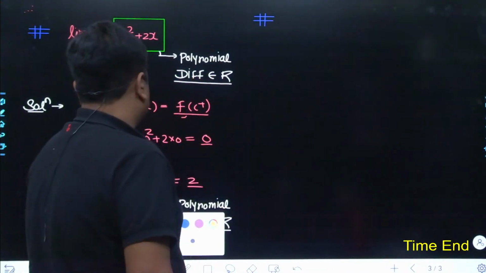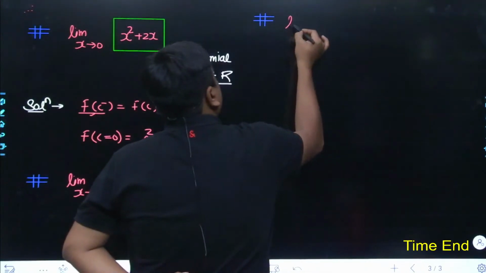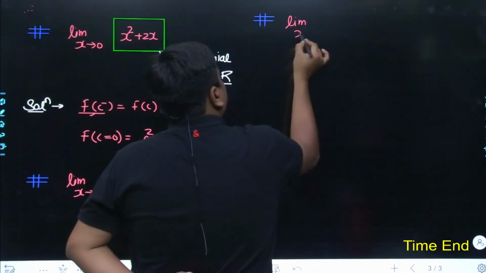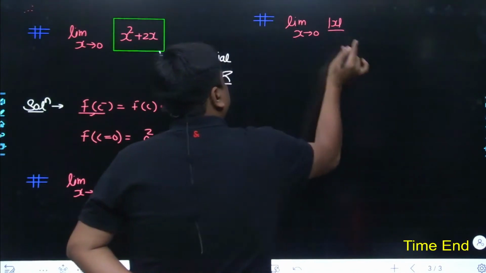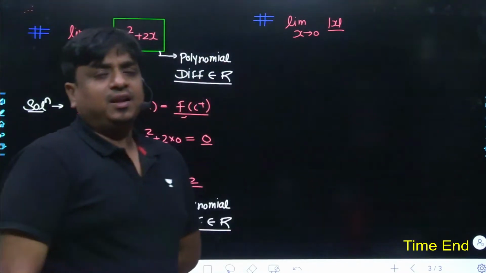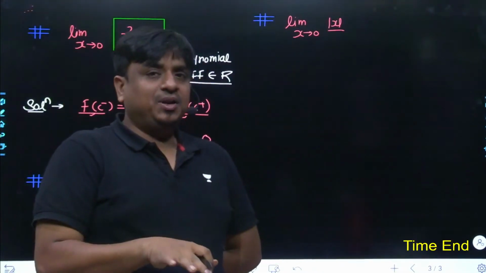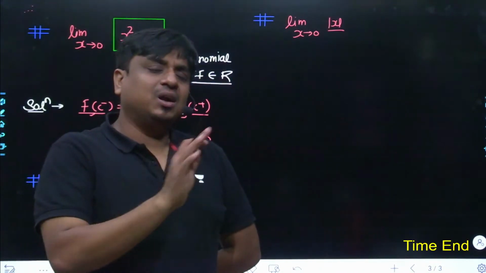So let me take another question. The next question is limit x tends to 0 of mod of x. This kind of question is rarely asked in the GATE examination, where we find the existence of the limit for a modular function. Keep in mind, the modular function is a continuous function.